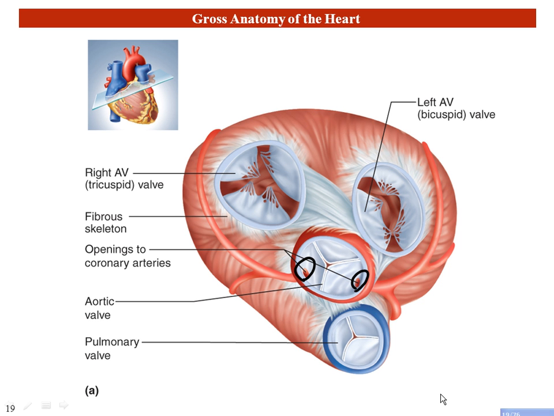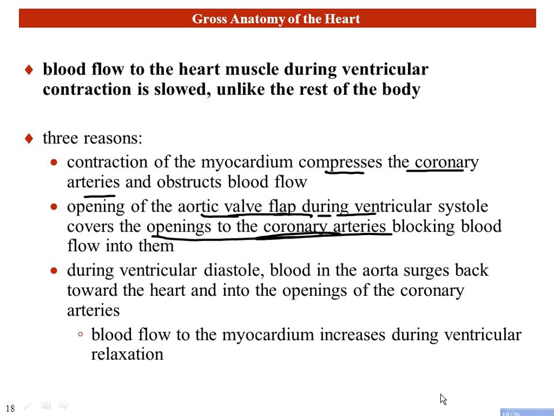When this aortic semilunar valve opens, which happens when the heart contracts, these openings are blocked, and that reduces blood flow. And also, when the heart relaxes, there's backflow of blood in the aorta, and that backflow basically enhances the flow of blood through those coronary arteries.